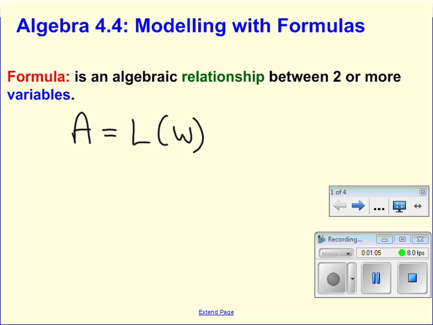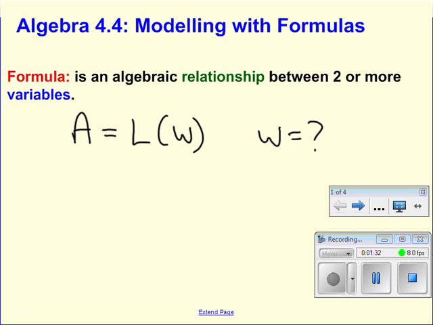If I'm given this algebraic relationship, it's very straightforward for area. But what about width? What's the relationship between the area and the length? In order to figure that out, I have to manipulate the formula to get width all by itself. To do that, just as before, we do the opposite operation.